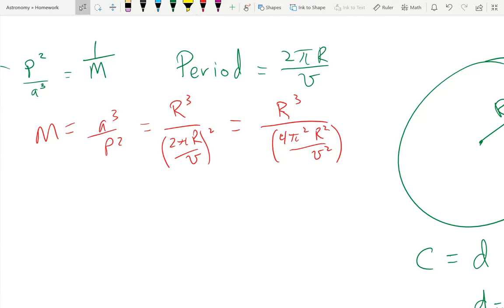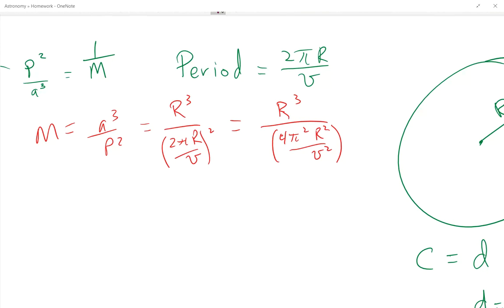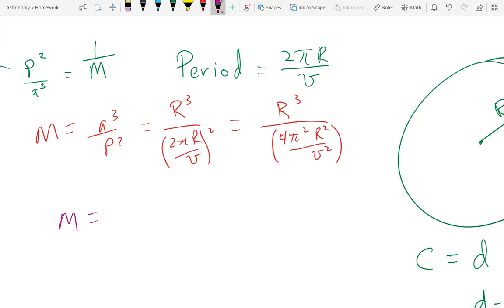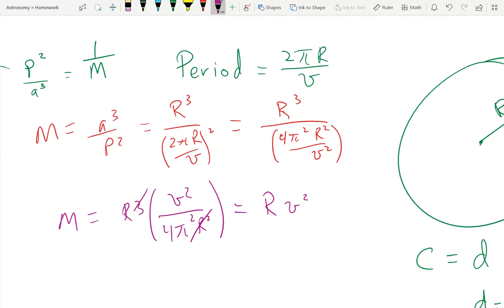Remember, when you divide fractions, it's invert and multiply. R cubed, two of those cancel with the R squared, and I end up with the mass is R times speed squared over 4 pi squared. Now you just put in the numbers. I'm not going to put in the numbers. I want to take away all the fun. But now you just put in the numbers there.